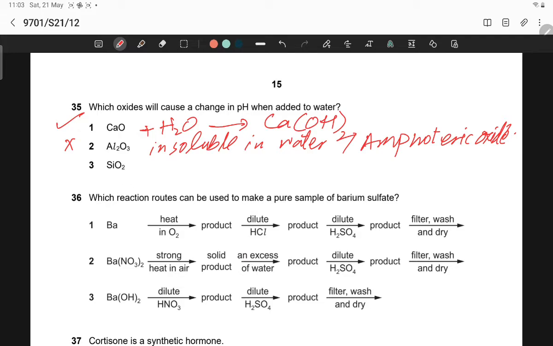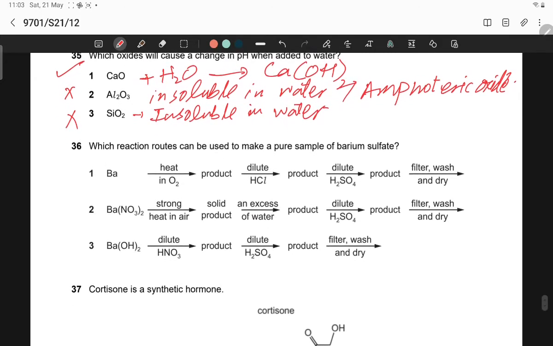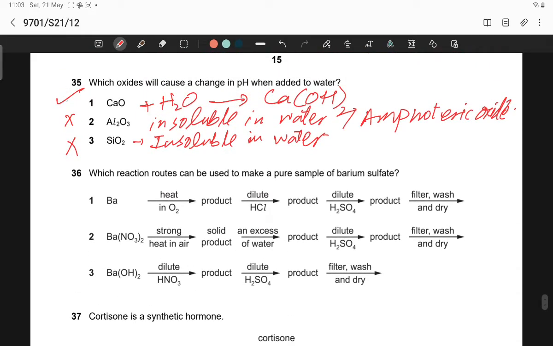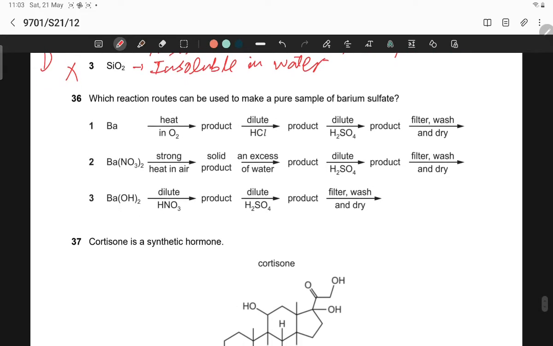Silica is also incorrect because it is also insoluble in water, so it does not cause a change in pH. So if statement 1 is correct, the correct option is D.